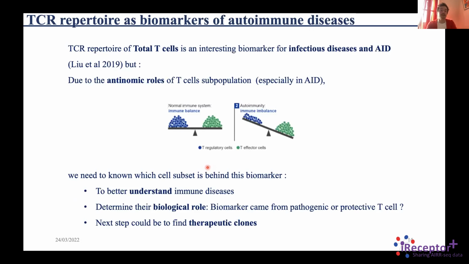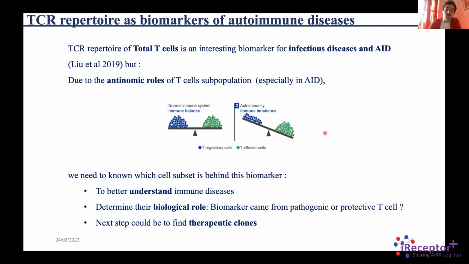So we know that the TCR repertoire on total T cells is an interesting biomarker for the infectious disease that I just presented, and for autoimmune disease, like the publication of Liu three years ago, in which they are able to classify lupus patients and rheumatoid arthritis patients compared to healthy volunteers.